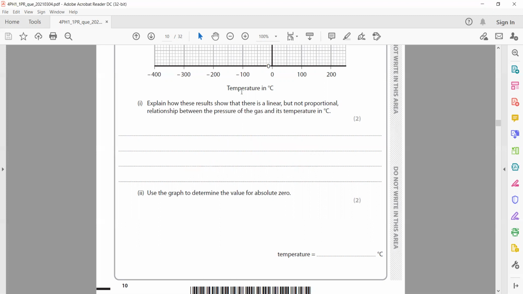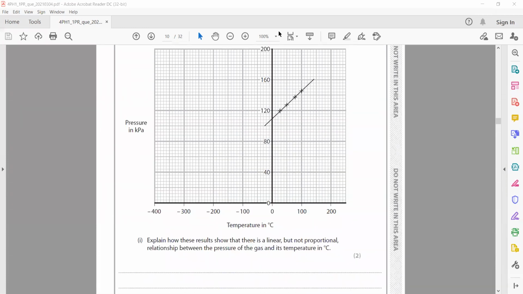We can extend this graph which is shown. We'll extend this line to know at what temperature the pressure is zero. That is called the absolute temperature.